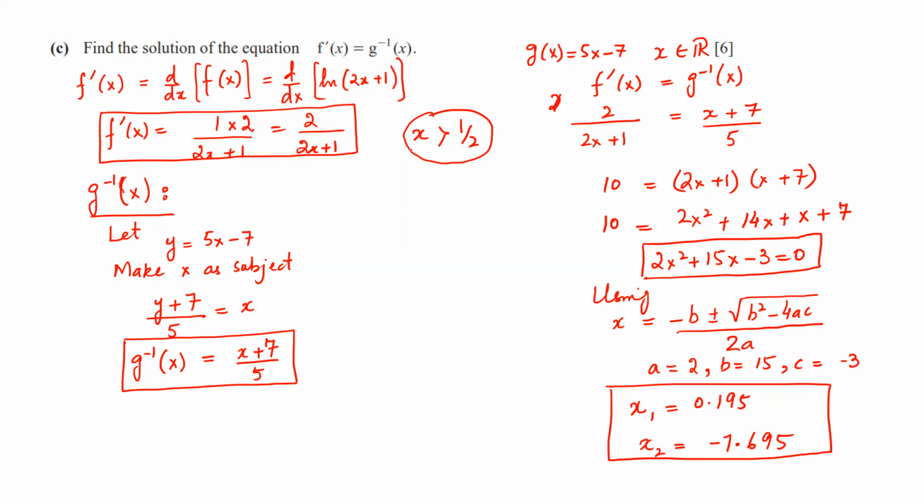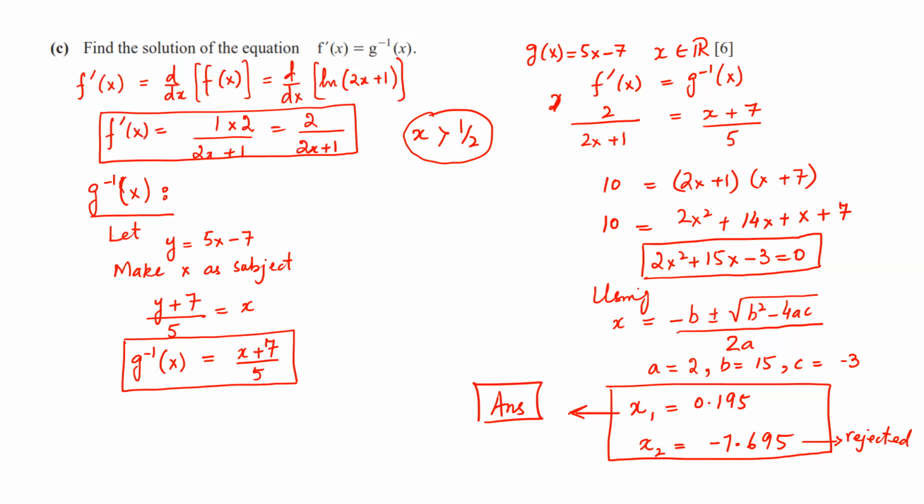Anything that falls in this criteria will be the one we'll be using. So this one will be the one we'll be using, and this value will be rejected. Okay, so this one will be our answer. This is how we solve this question.